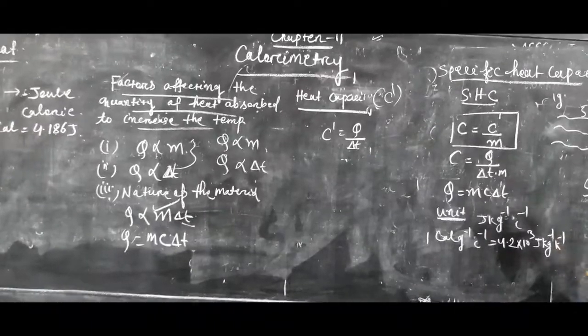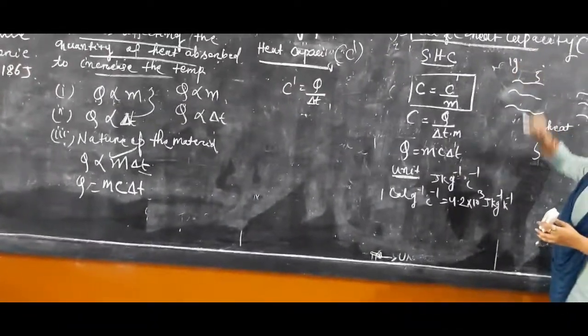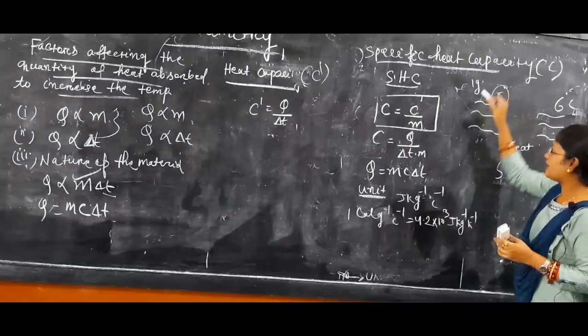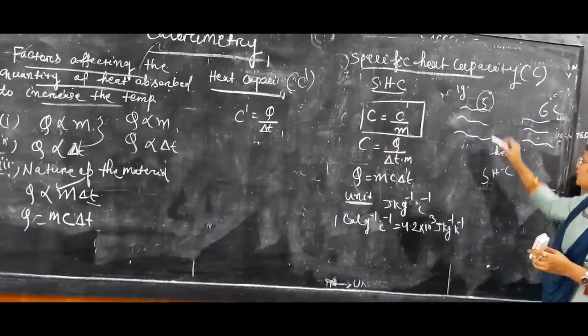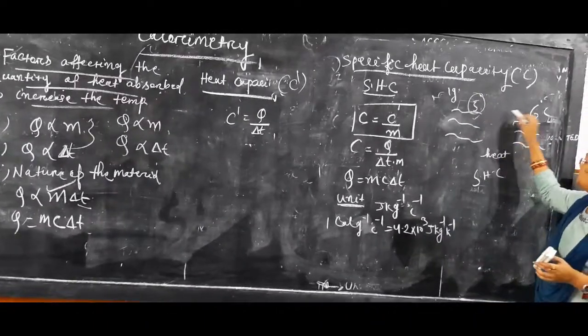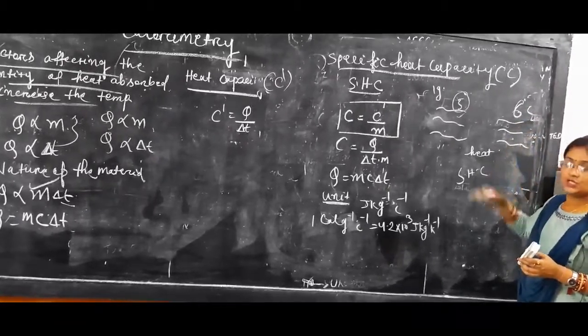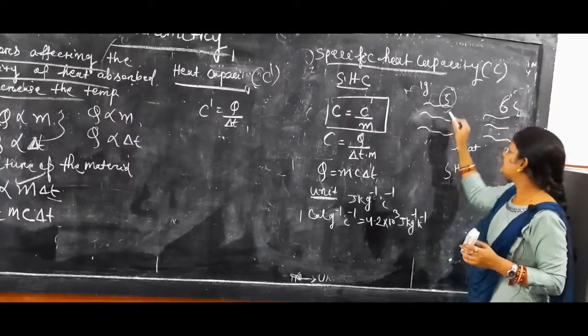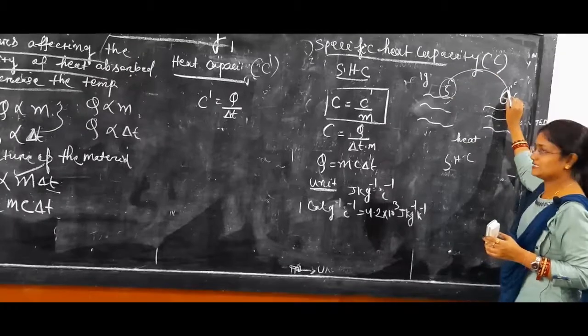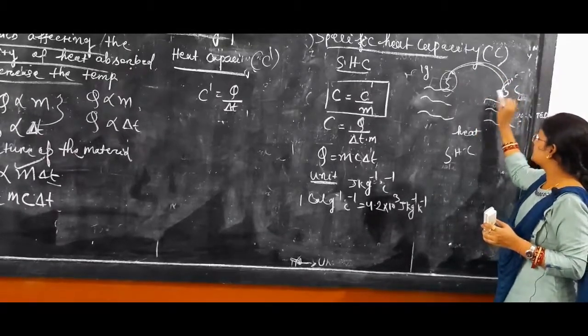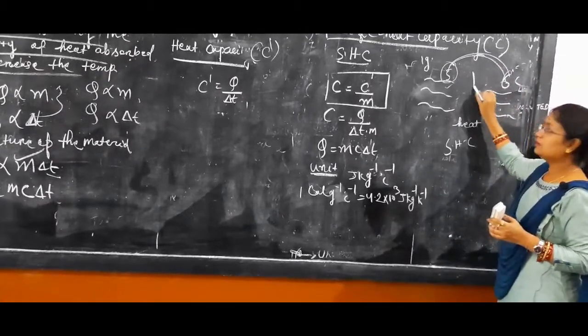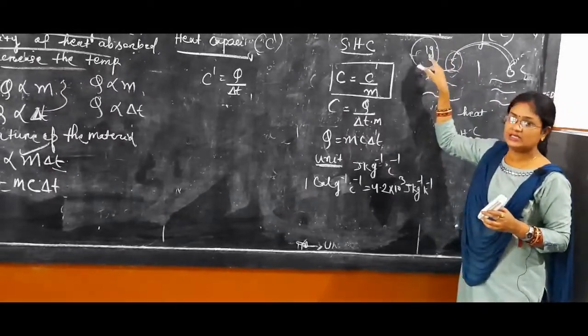So for example, suppose 1 gram of water is there, its temperature is 5 degrees Celsius. We want to increase the temperature of water to 6 degrees Celsius. So we need some heat to increase its temperature from 5 to 6. Here the temperature difference is 1, and the mass is 1.